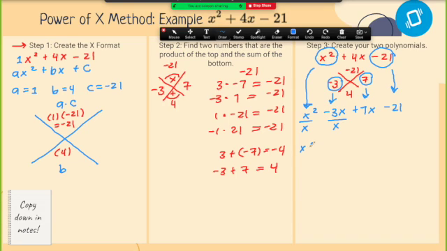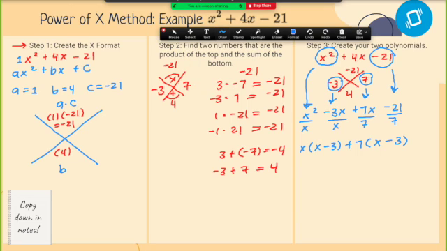If I factor out x, I get x minus 3. Over here, I have 7x and negative 21. So it seems like the only thing I can divide into both is 7. So over here, I'm going to use positive 7. I'm left with x minus 3.